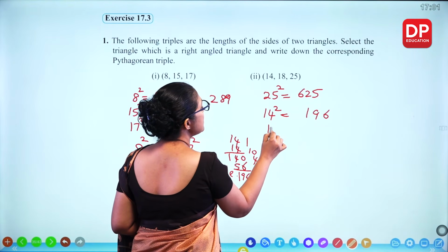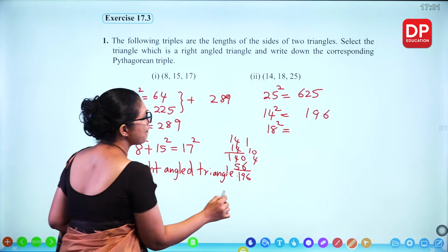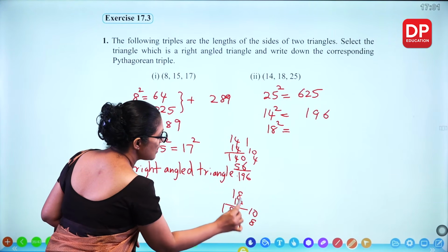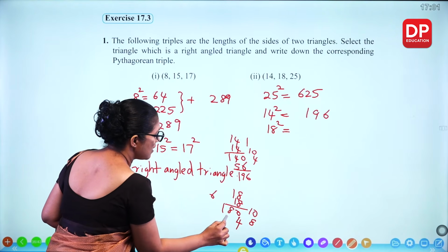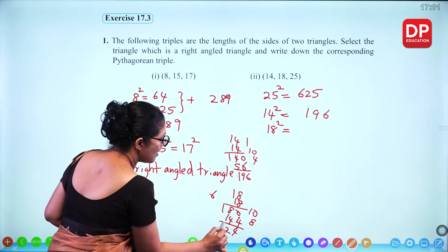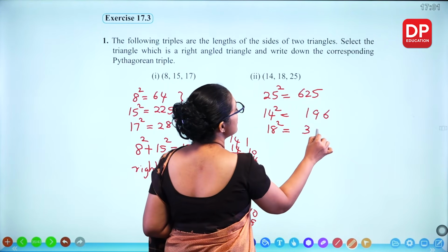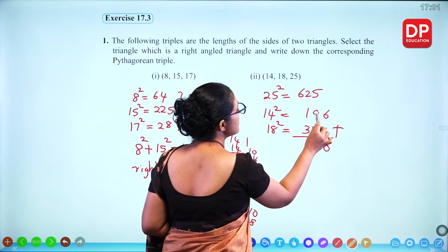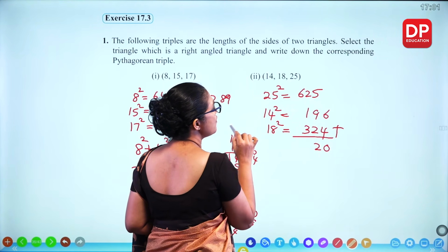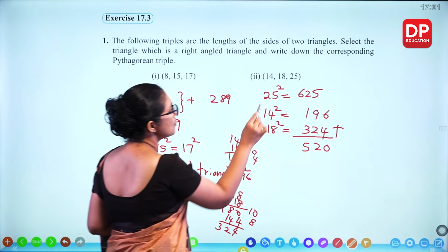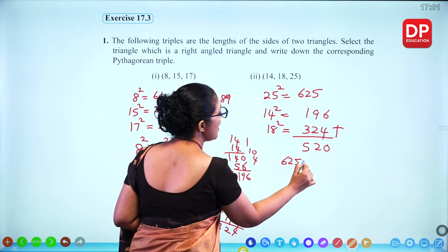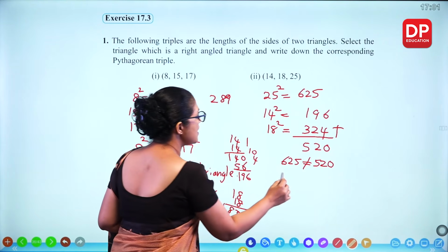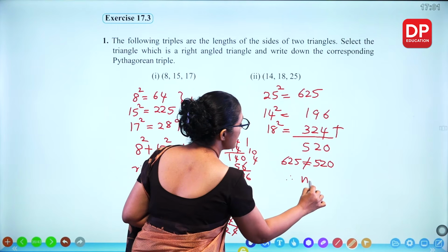Then 18 squared, 18 times 18, you get 324. When you add these two, what you get? 196 plus 324 is 520. So in this case, 625 and 520 is not equal. So we can see that it's not a right angle triangle.